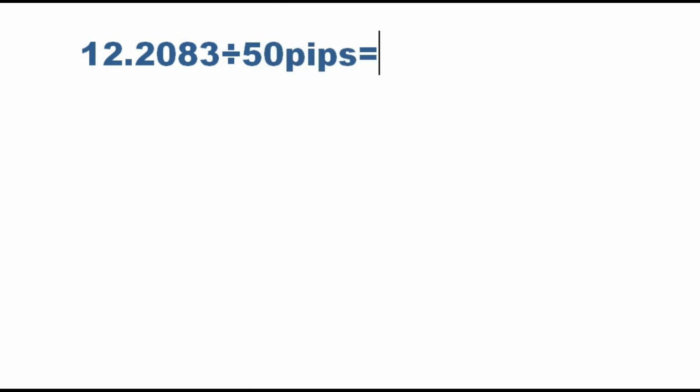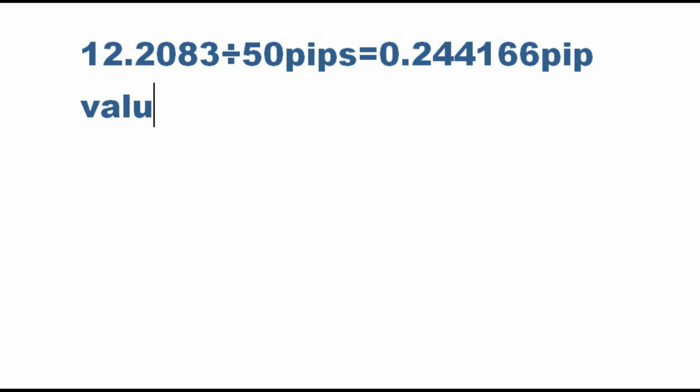That means our pip value is 0.2441. Each pip we lose is going to be equivalent to 0.2441, and if we are making a profit, it is going to be 0.2441 per pip.